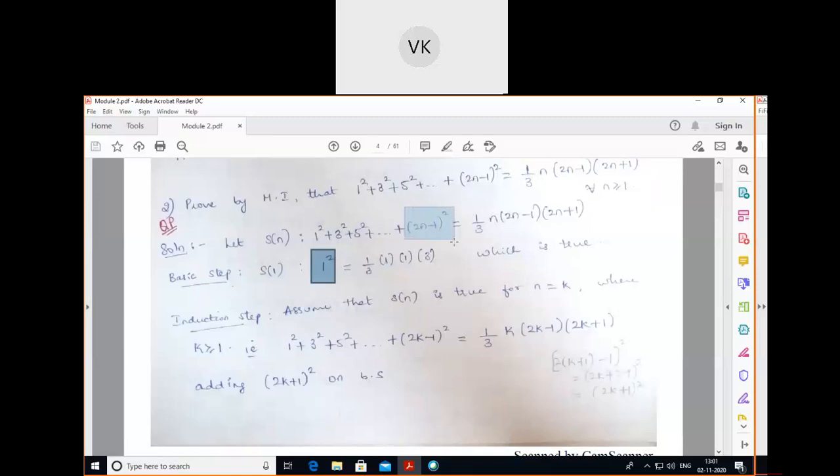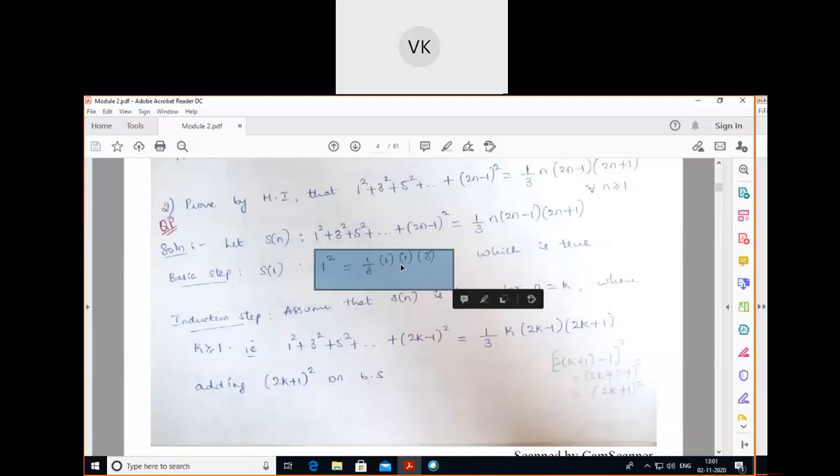Here if you put n equal to 1, that will be 1 square, correct? Then in the RHS you replace n by 1. If you replace n by 1, that is 1 by 3 into 1 into 3. If you simplify this, we will get 1 is equal to 1.